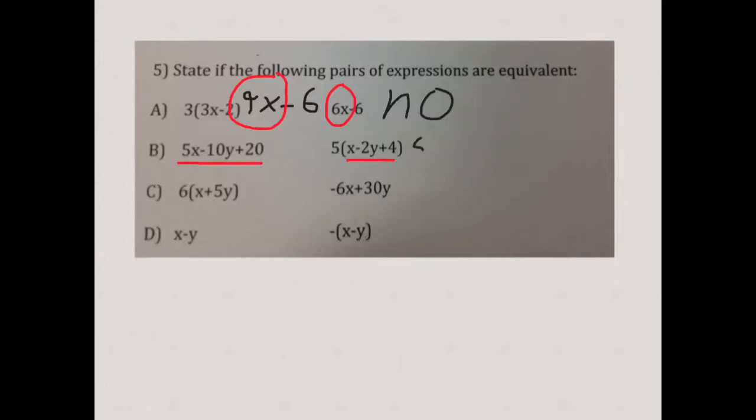So I get 5x, 5 times a negative 2, negative 10y, 5 times 4, plus 20. Now I look again, okay, the 5x is the same, negative 10y is the same, plus 20 is the same. So this one is going to be yes.